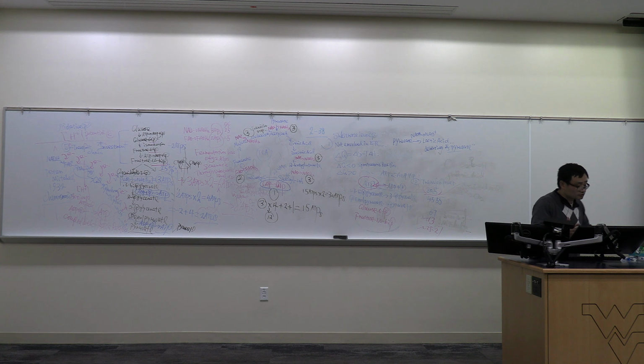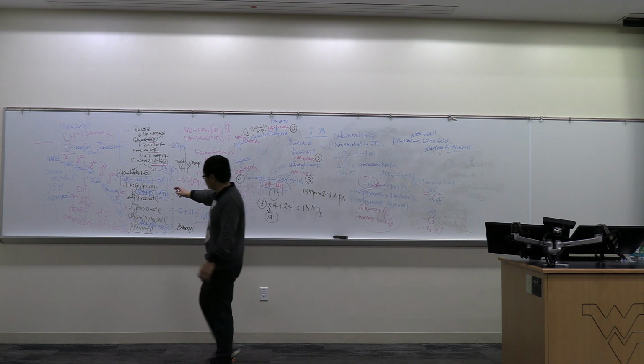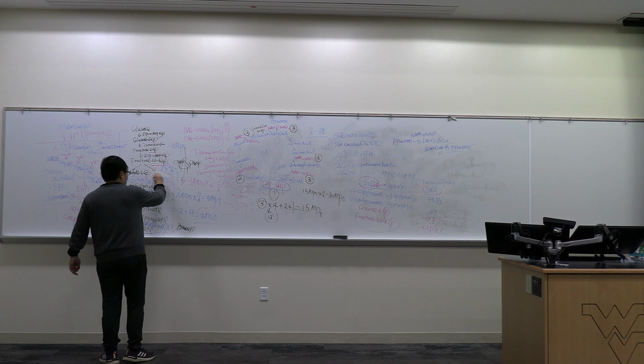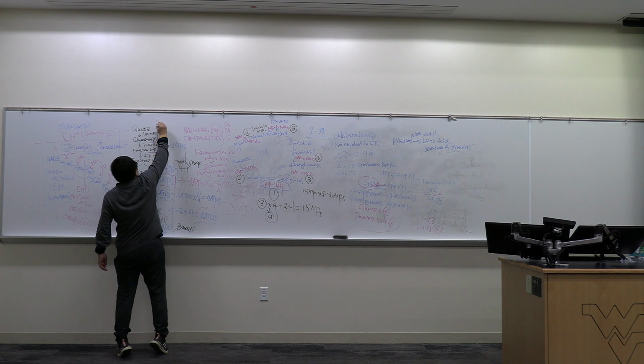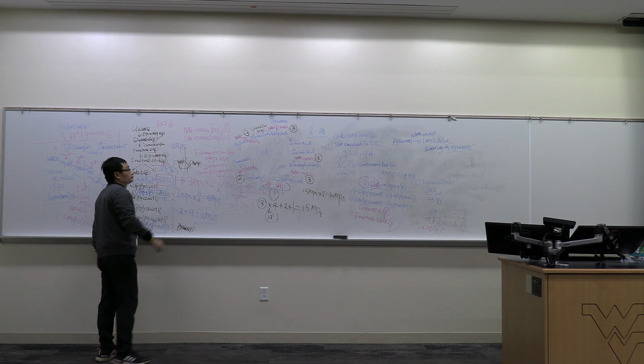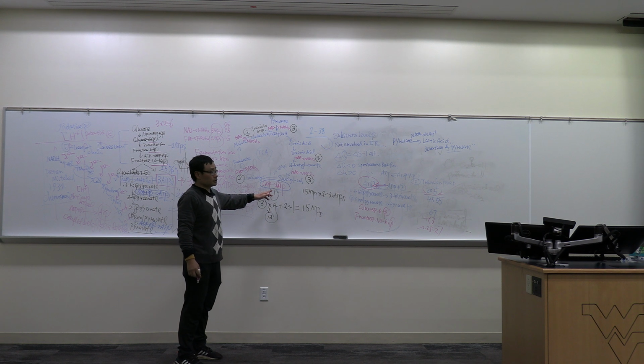But the tricky thing is, how many go through oxidative phosphorylation in aerobic respiration? That's tricky. How many here? 3 right here. So, 3 multiplied by 2 equals 6. Okay, how many here are oxidative phosphorylation?